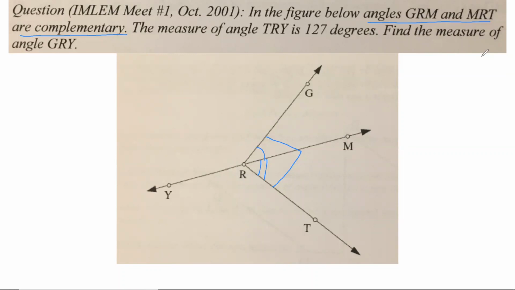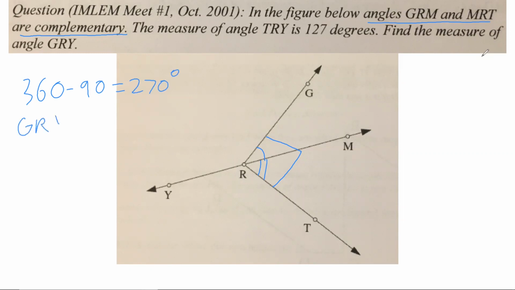An entire circle is 360 degrees, which means that the remaining angle is 360 minus 90 equals 270 degrees.